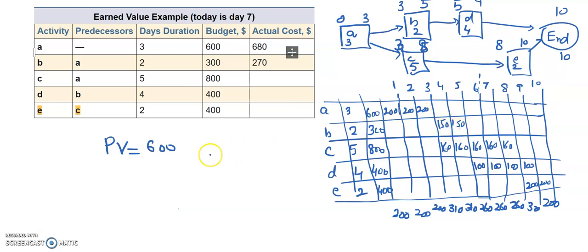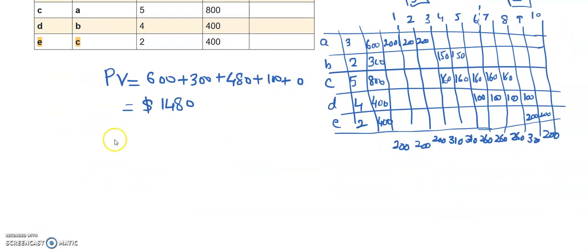B is also completely planned, plus 300. C is planned at 160, 160, 160, which is 480. D is planned at 100. And E does not have any cost yet. So the planned value will be $1,480.